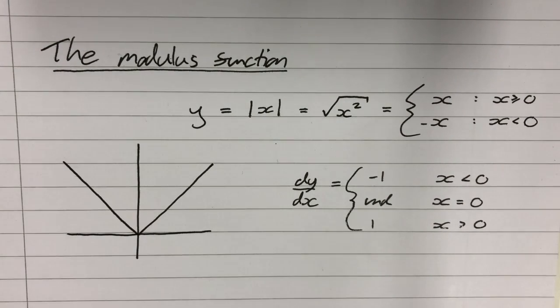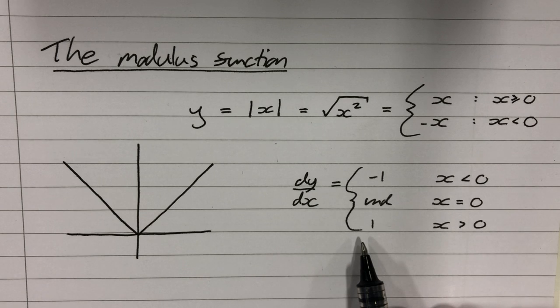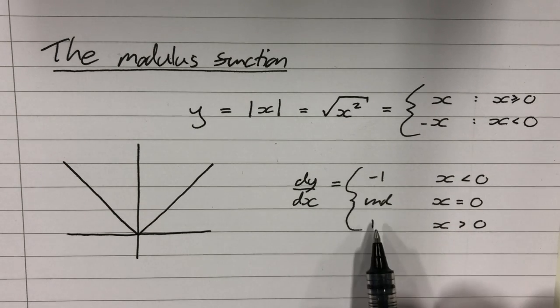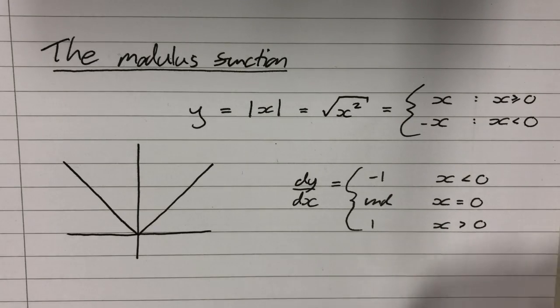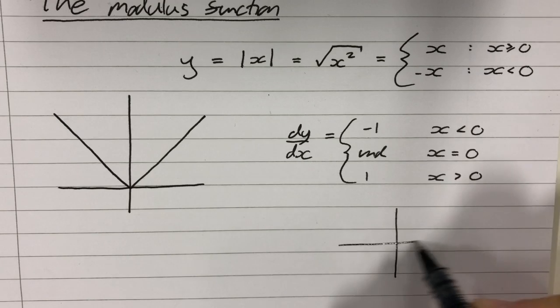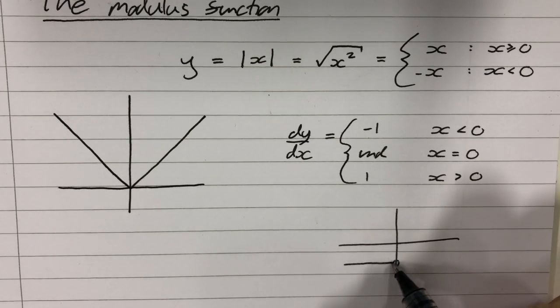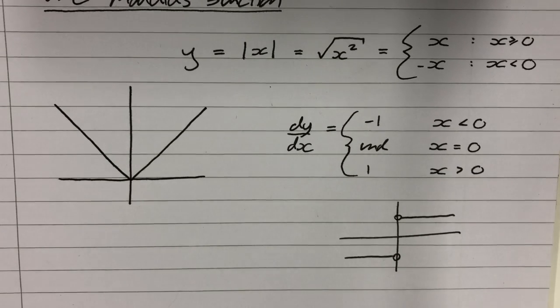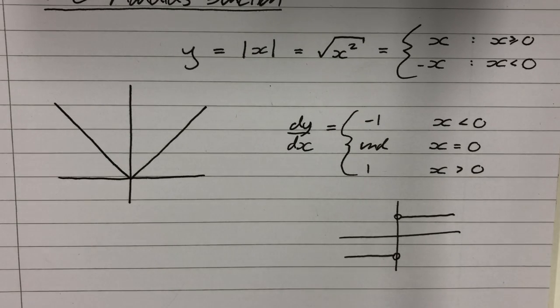Again, that's a piecewise definition, and that is a type of step function. It's got an infinite gradient between minus 1 and 1. And the graph would look something like this. There'll be a hollow hole there, it'll carry on. Type of step function.